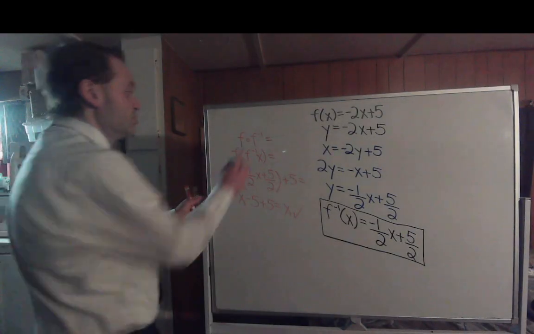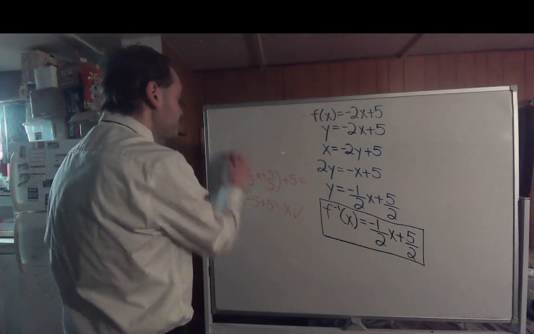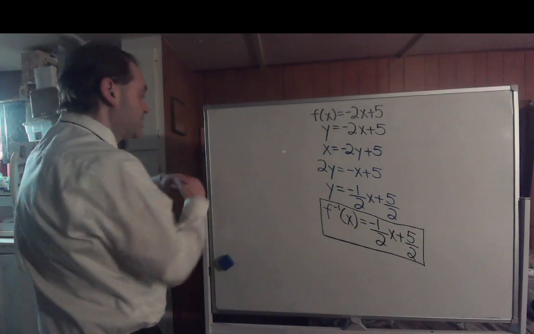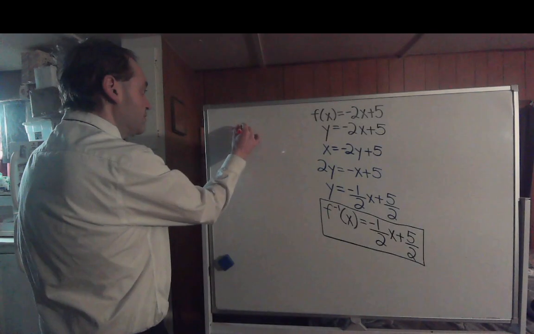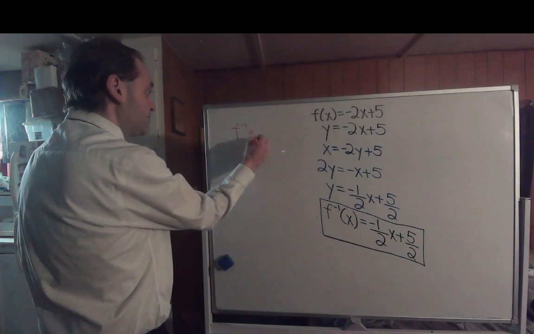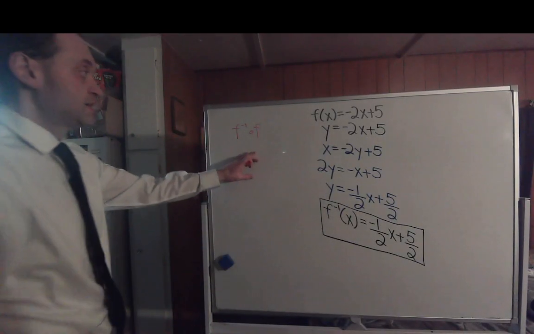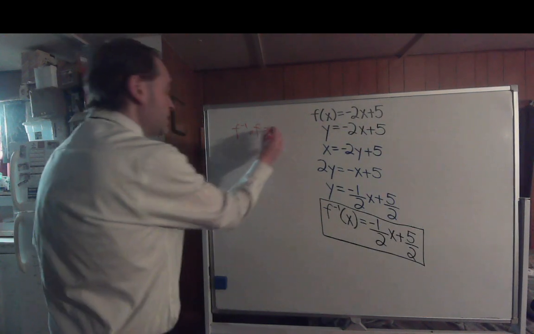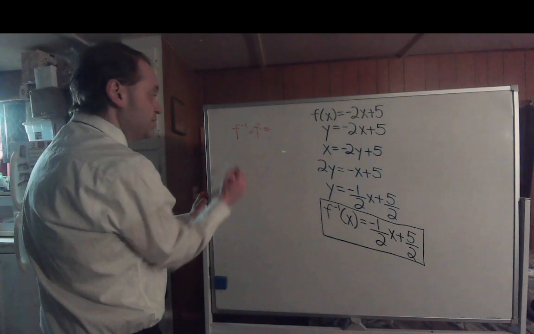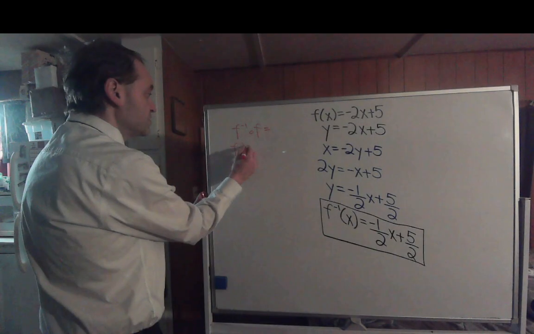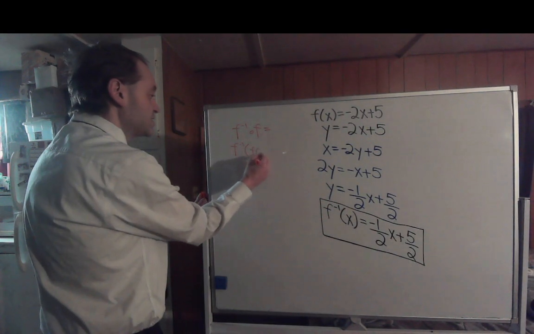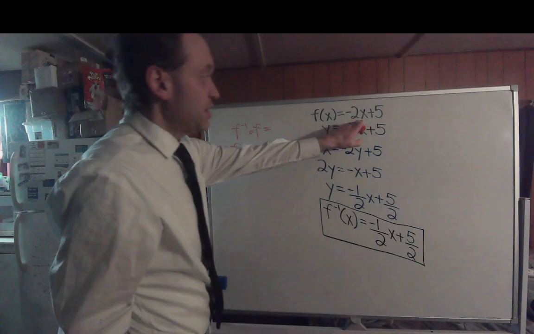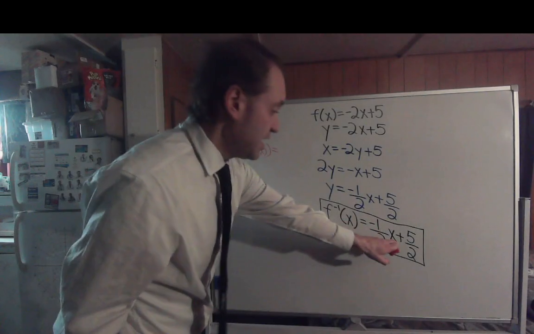You can also do it backwards too. You can take f inverse composition of f, and you should also get x. So if you take f inverse composition of f, that's going to then be, of course, f inverse of f of x, which now you just put the entire value of f of x into the x value of the inverse.